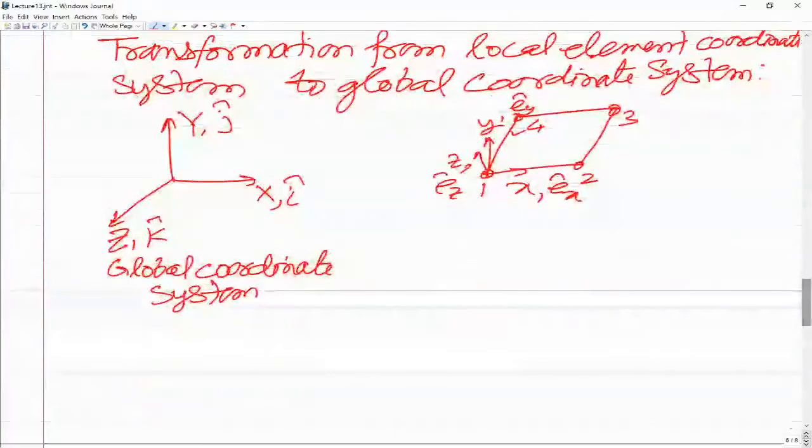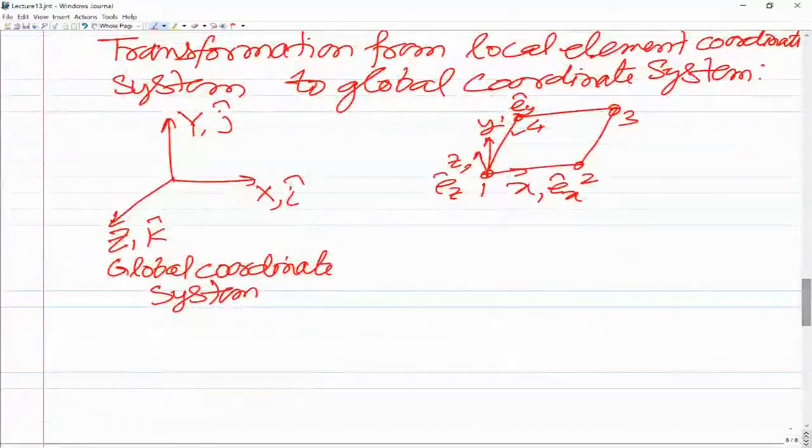Now, when you do the discretization of the whole problem, you would know the global xyz coordinates of all the nodes. So using the global coordinates of the various nodes of the element, we can write the unit vector along the x direction, the unit vector along the y direction, and the unit vector along the z direction.